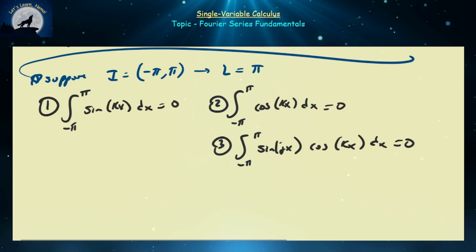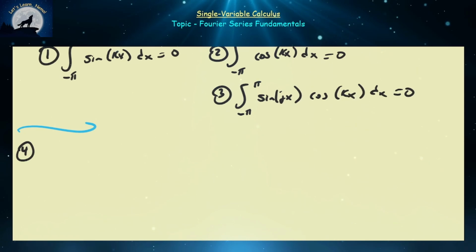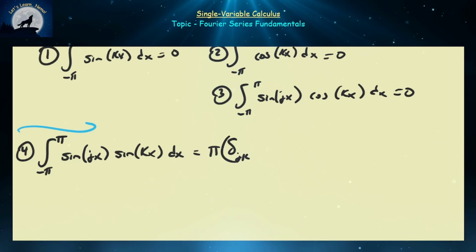Now the more fun identities to prove are the following, and these are actually going to be the more useful ones. The fourth one that you should try to show is the integral from minus pi to pi of sine of jx times sine of kx dx. Same function, different potential indices, is going to be equal to pi times Kronecker delta jk. So sometimes it's equal to pi, sometimes it's equal to 0, because delta is either 1 or 0.